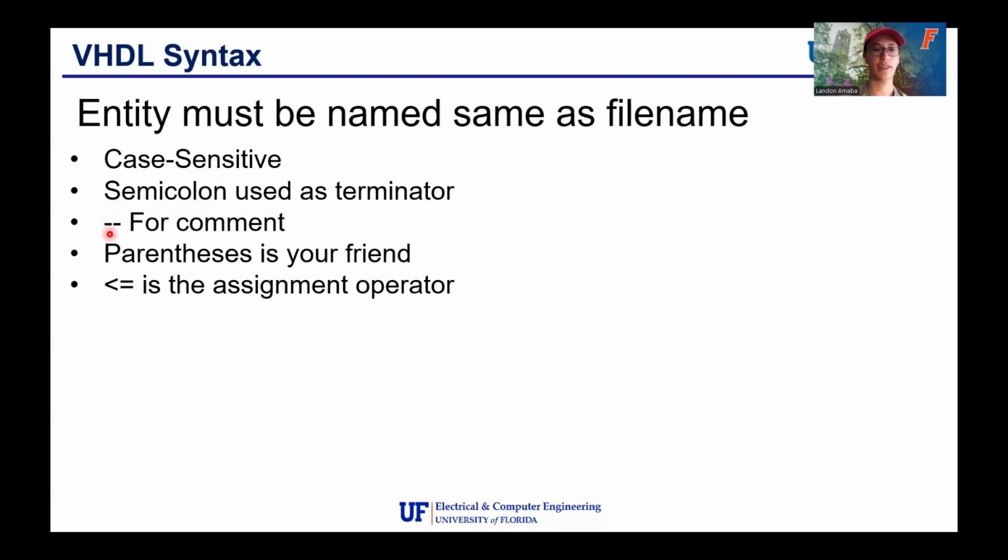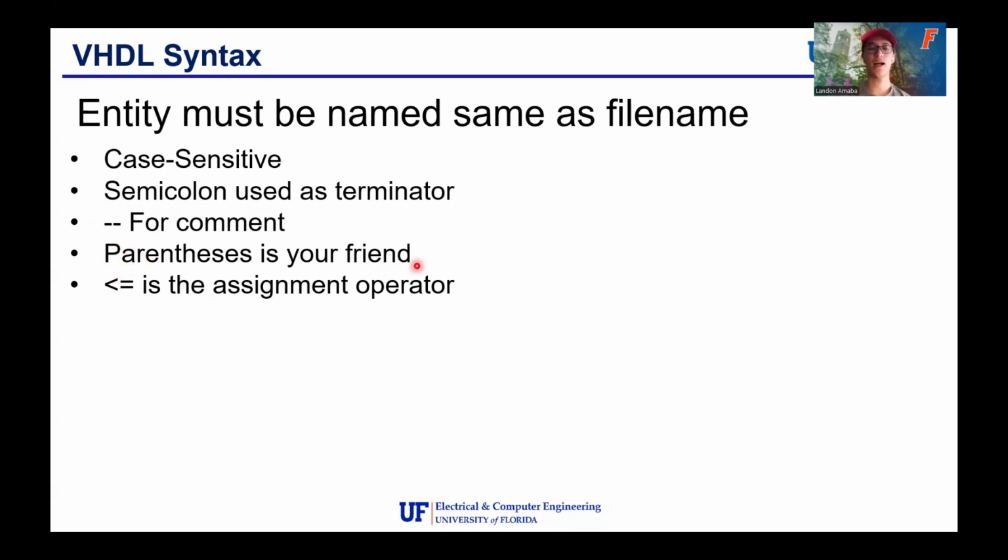For comments, we have two hyphens. So you'll see a comment start, you'll do two of them, and then the text will turn green, and that's how you know a comment has started. Comments will not get interpreted in your code, and they're only for readability purposes.